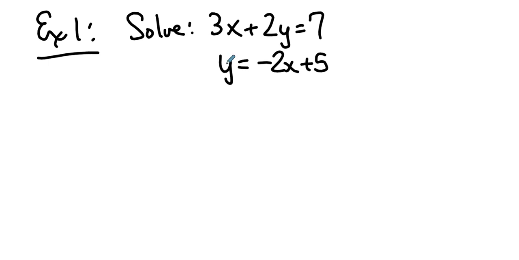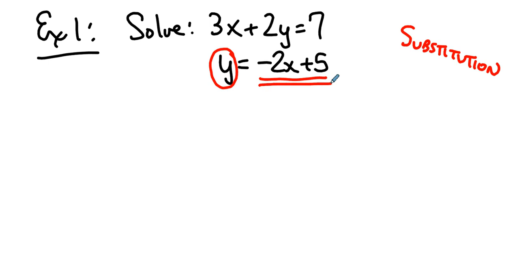We will notice that in the second equation, y is all by itself. And so we can use the substitution method because y is all by itself, and we can take this thing that is y and substitute it in the other place where y is.